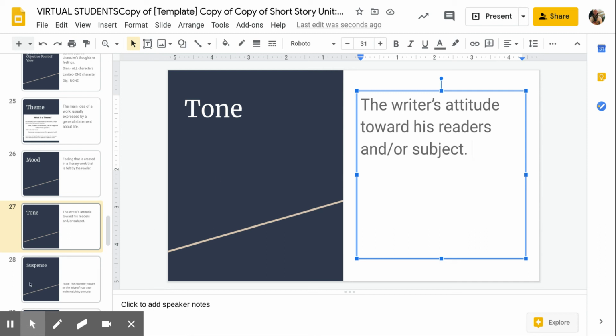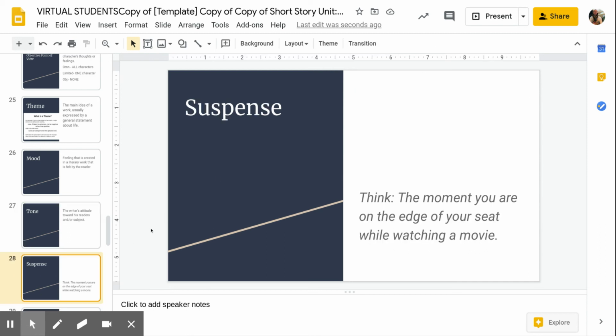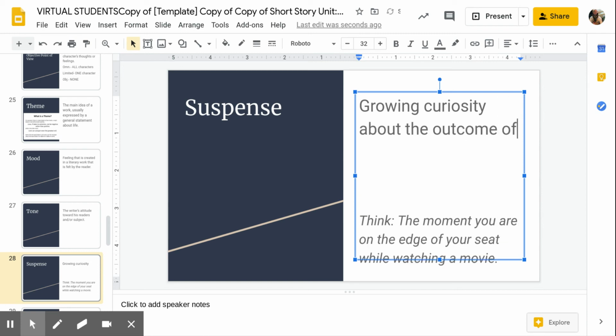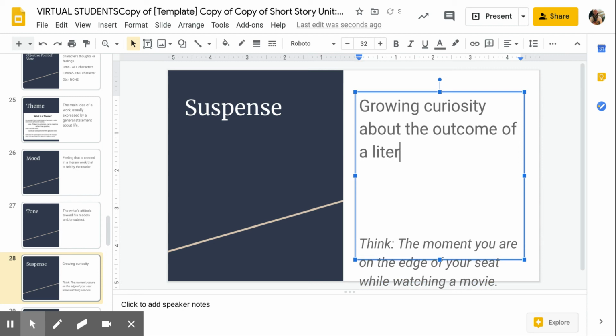Okay, so let's go to suspense. It's getting almost Halloween time, spooky season, so we had to include suspense in here. Suspense is growing curiosity about the outcome of a literary work.